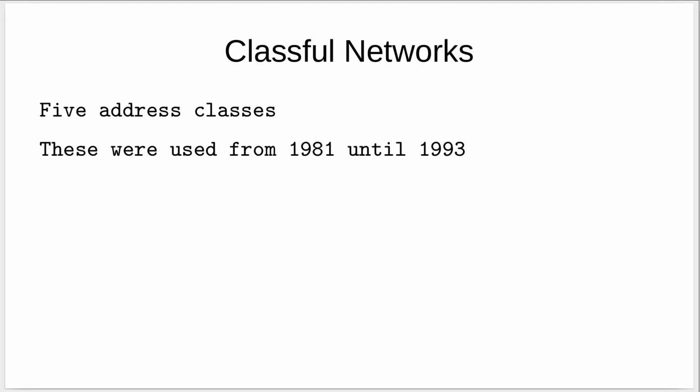This defined the first 3 address classes, the Class A, the Class B and the Class C, and a little bit later on the Class D multicast address and the Class E experimental addresses were added, and they were in use up until approximately 1993 when something known as classless interdomain routing, or CIDR, was developed, which allowed us to use subnet masks of pretty much any size we liked, as long as they were contiguous ones in the subnet mask.